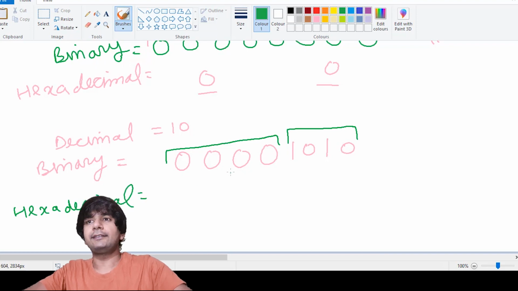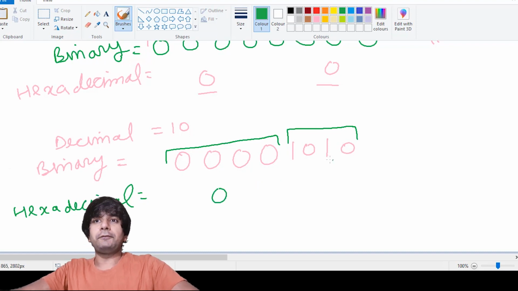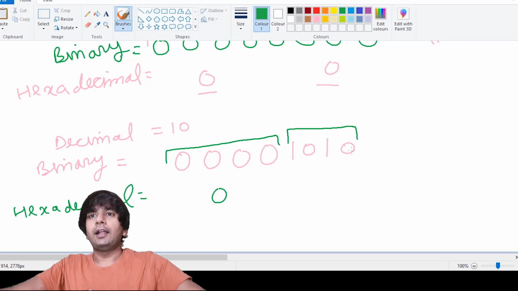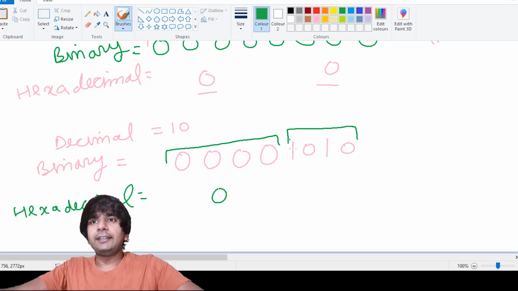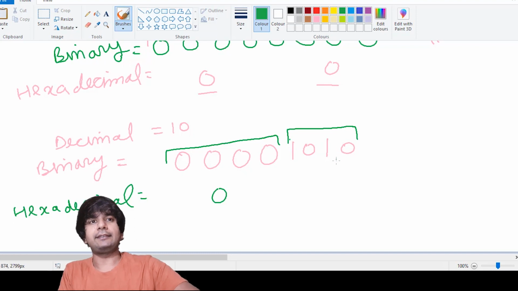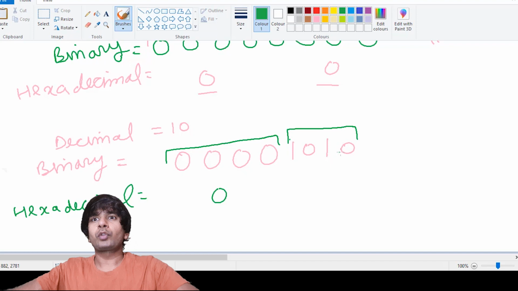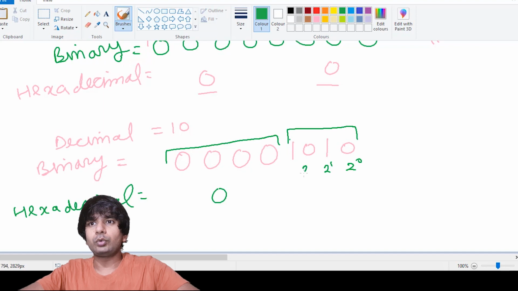What will you get, guys? 0 0 0 0, what will you get? You will get 0. Now for the other 4 bits, if you convert them into hexadecimal, just think what decimal value you will get. It will be 2 to the power 0, 2 to the power 1, 2 to the power 2, 2 to the power 3.